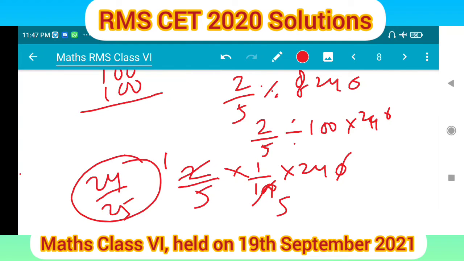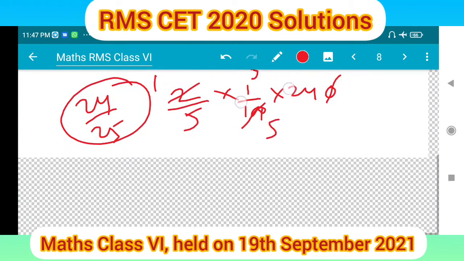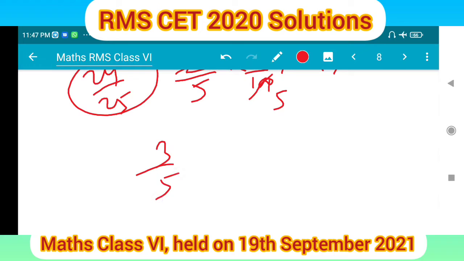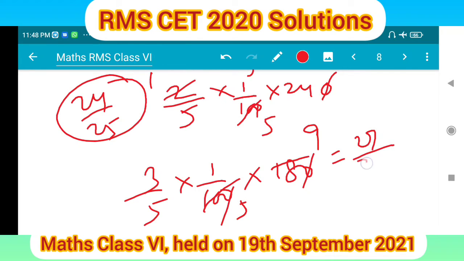And another one is 3 by 5 percentage of 180. 3 by 5 into 1 by 100 into 180. The 0 gets cancelled, 2 9s are 18, so 9 3s are 27, 27 by 25.